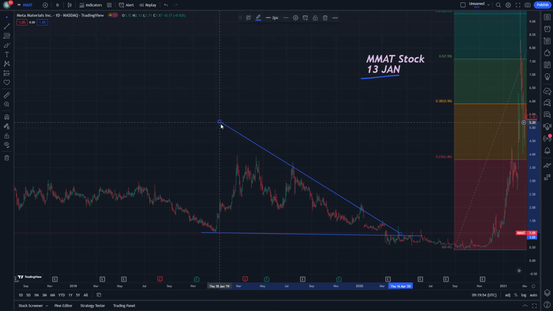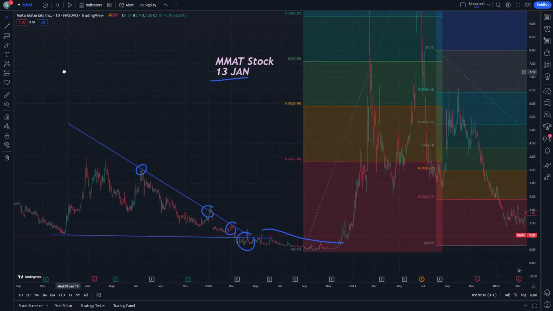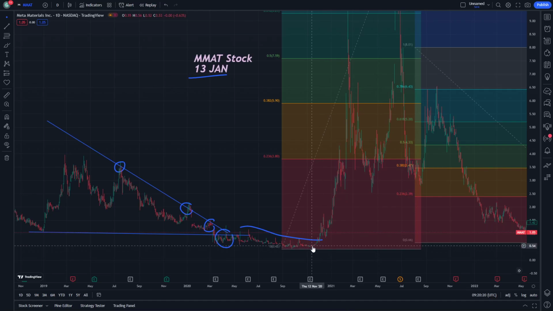So when the slope line makes two or more resistances on the same slope line, it can make an intersection of three things: the slope line, the waves, and the trend line, which is in horizontal form. That makes the start of a new wave, and that helped this MMAT, on low value, when it was at 50 cents, to increase with a spike since 30 November.